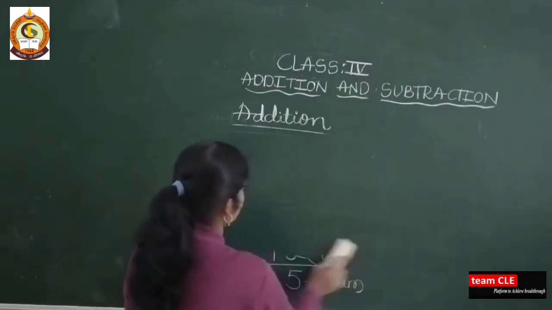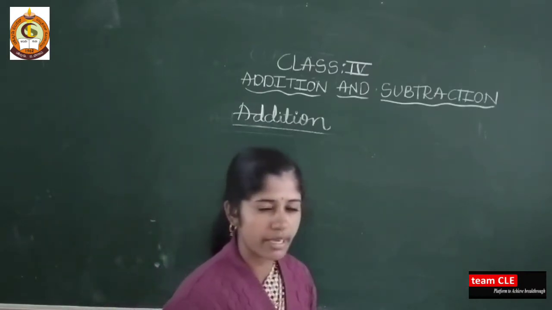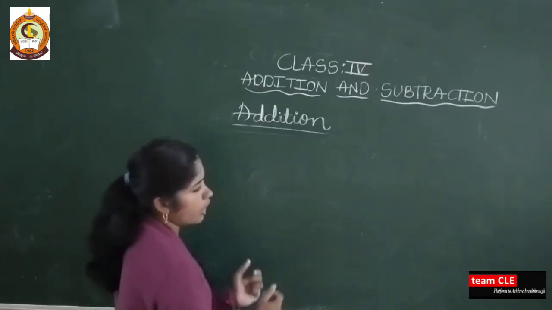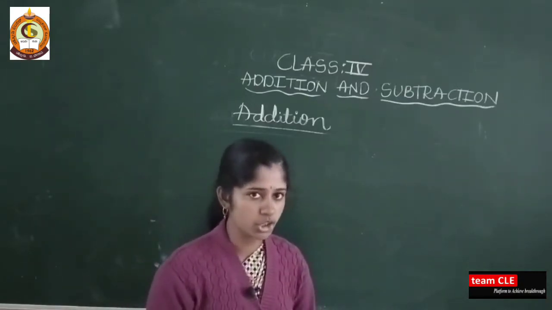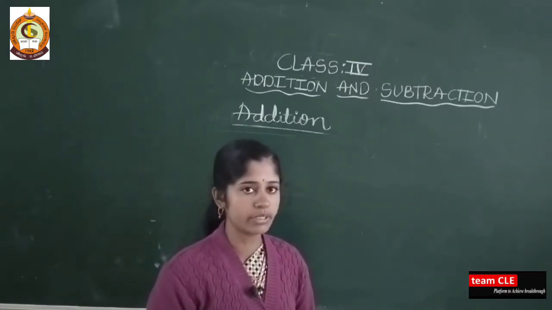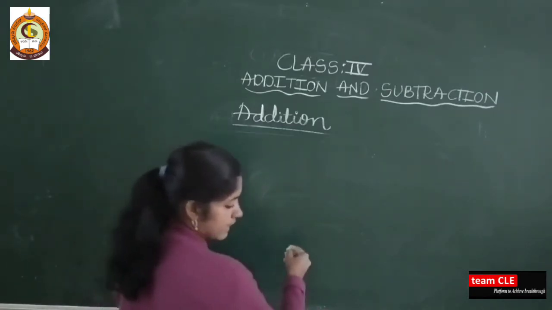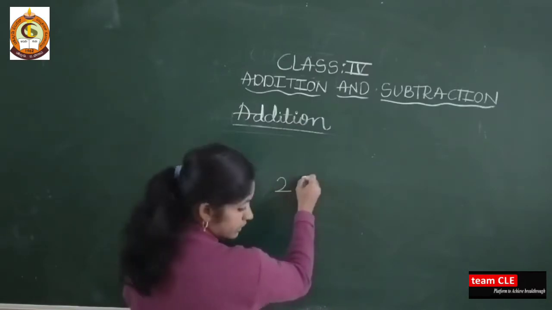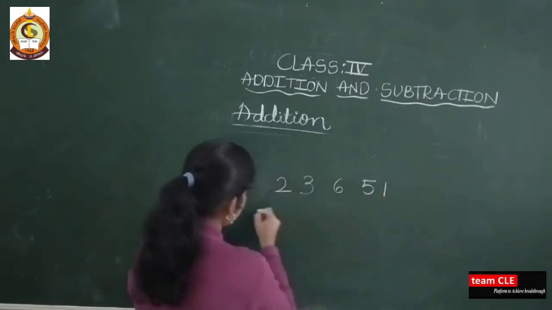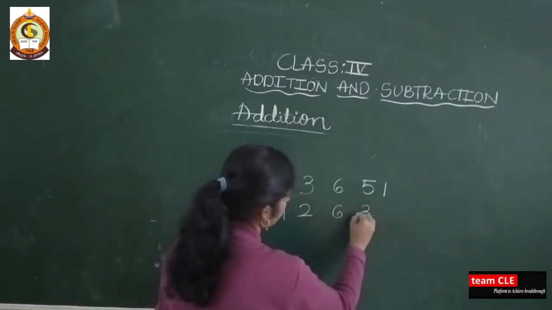I hope this is clear to you, the meaning of addition and the terms we are using while adding numbers. So let us take one example, the first example. Already they gave it in a place value chart, but sometimes they give it horizontally; how to arrange them vertically, I will explain while solving. So the first example is 23,651 plus 12,639.